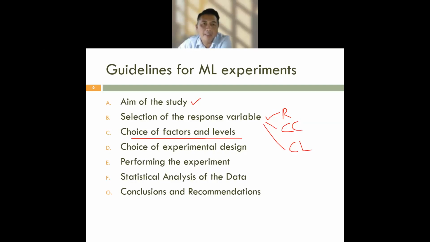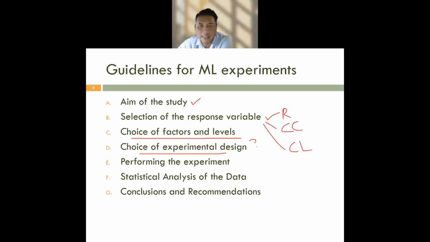How many parameters do you want to look at? And also what is the range of the parameters that you will be dealing with. You also have to look at the choice of experimental design, like how many k-folds you want to perform, what is the percentage of training and testing, and so on.